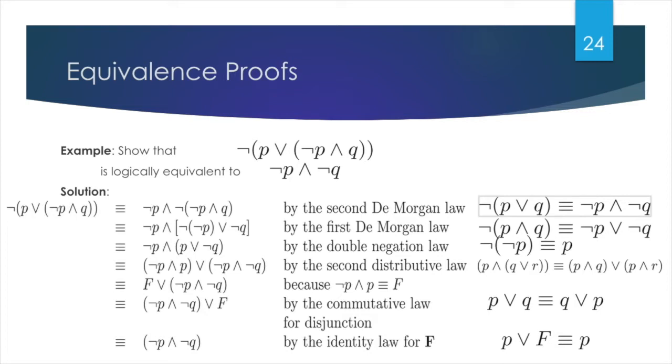P or F is logically equivalent to P. So I end up with not P and not Q. The reason why I take the F back is because basically anything with F, based on the identity law, leads me to the original statement. Now the last step is just to prove to us that this statement is logically equivalent to the original statement that we start with.